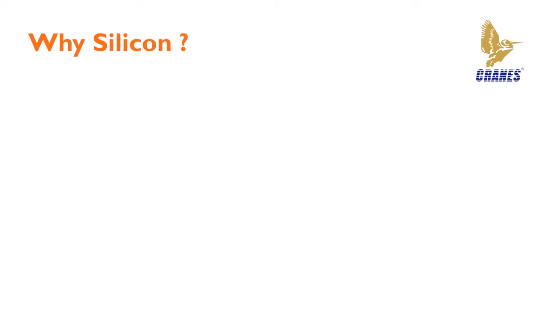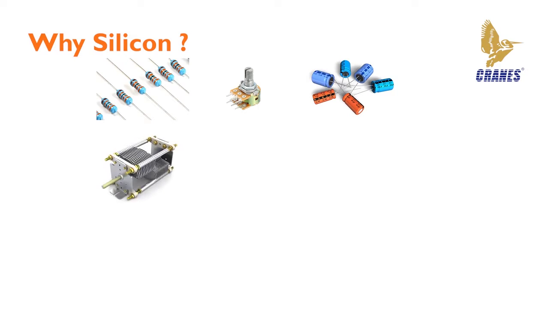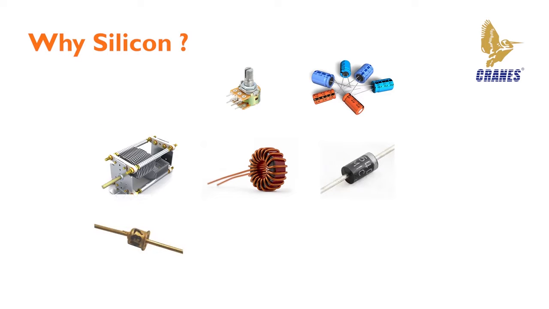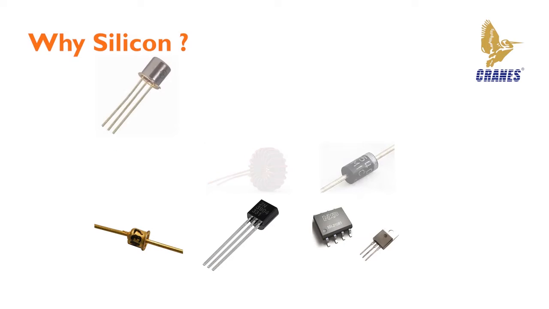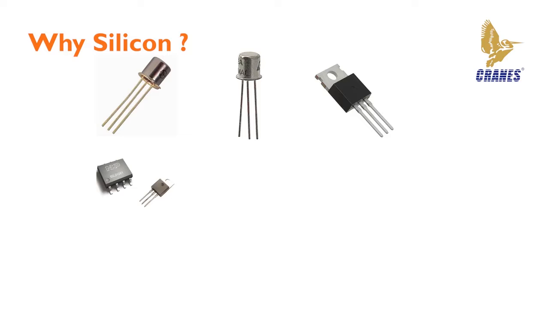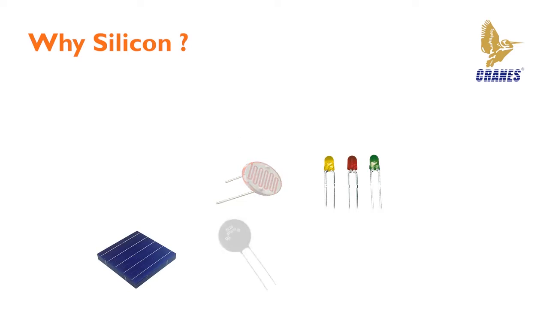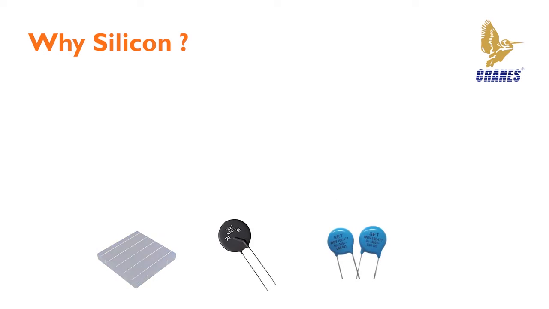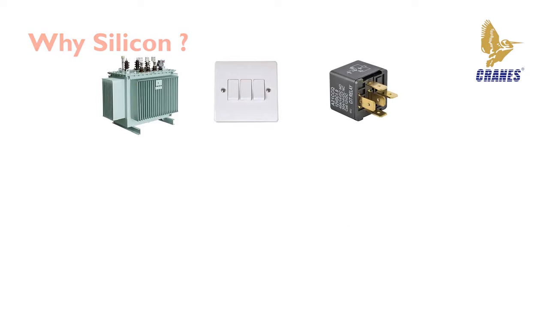The main electronic components include resistors, variable resistors, capacitors, variable capacitors, inductors, diodes, tunnel diodes, varactor diodes, transistors, BJTs, UJTs, FETs, MOSFETs, LDR, LED, solar cells, thermistors, varistor, transformer, switches, relay and etc.